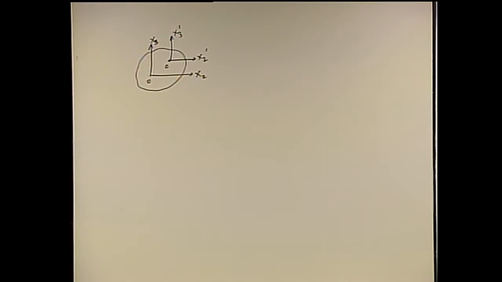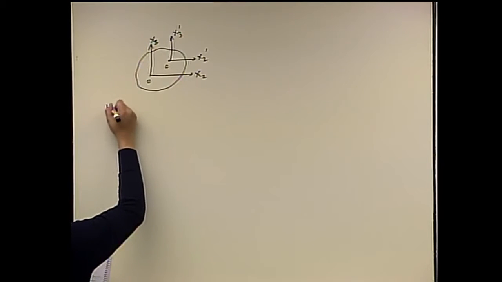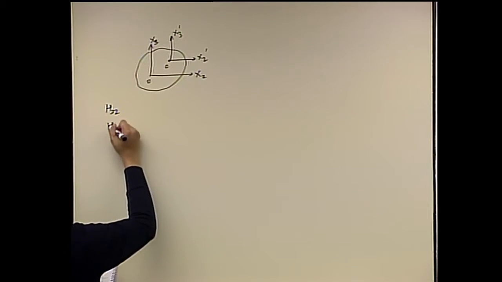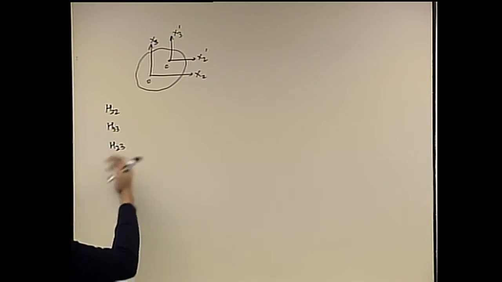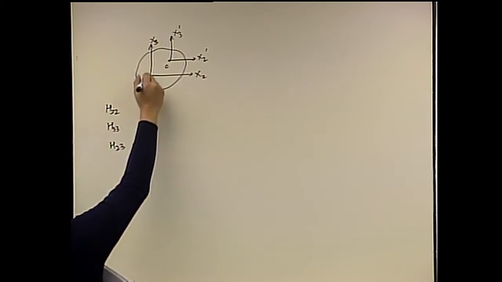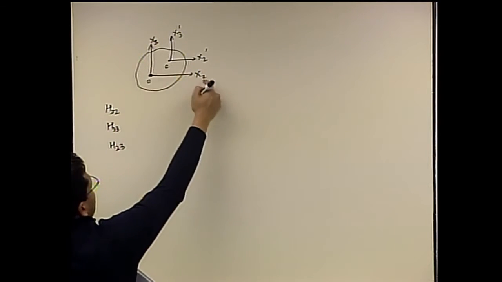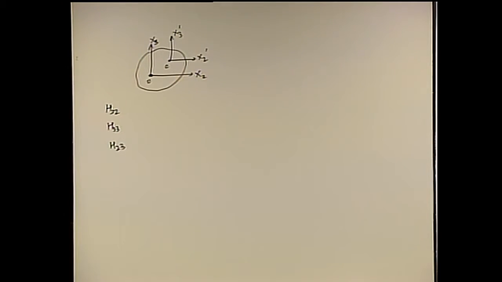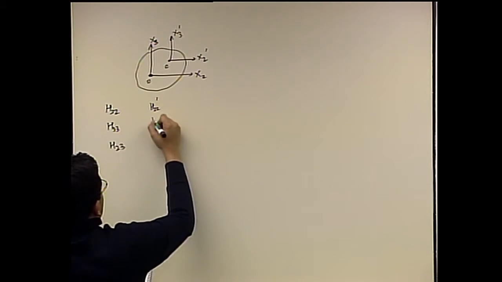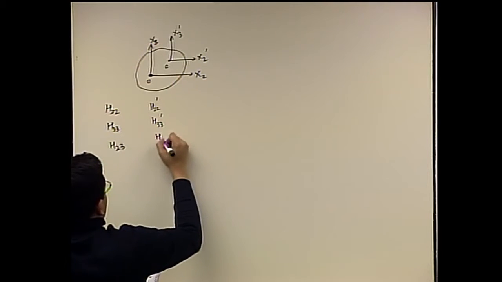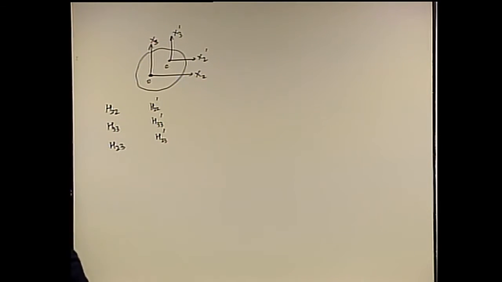So we know that h22, h33, h23, these are the quantities associated with the frame of reference, which is governed by x2 and x3. And then we have quantities h22 prime, h33 prime, h23 prime. These are associated with the centroidal frame of reference, which is x2 prime and x3 prime, right?